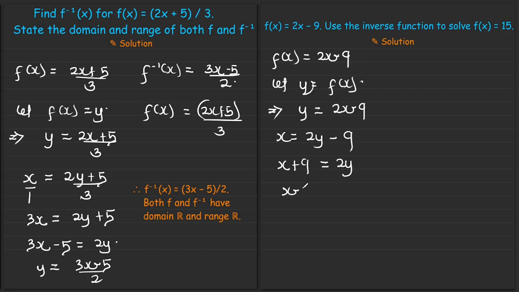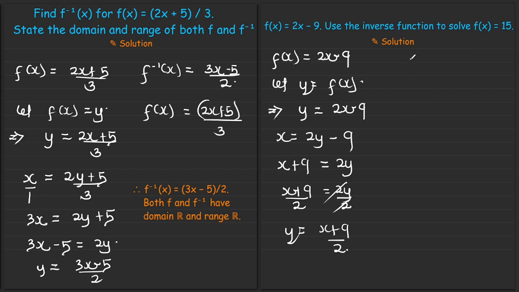With this, we are going to divide both sides by 2. So dividing by 2 and dividing by 2, this cancels out this, and we have our y being equal to x plus 9 all over 2. You see. So with this, we can now come here and solve for what gives us 15.